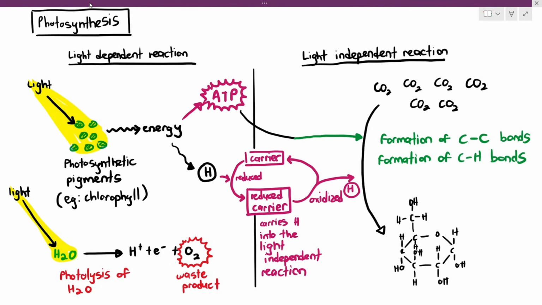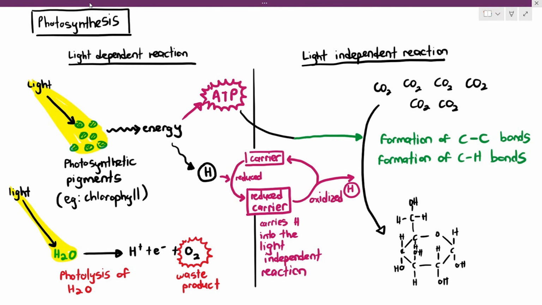Now, I need you to understand that this is not the exact process of the light-dependent reaction and light-independent reaction. This is just a mere introduction to the process. So the take-home message that I need for you here is to understand that photosynthesis is divided into the light-dependent reaction and light-independent reaction.